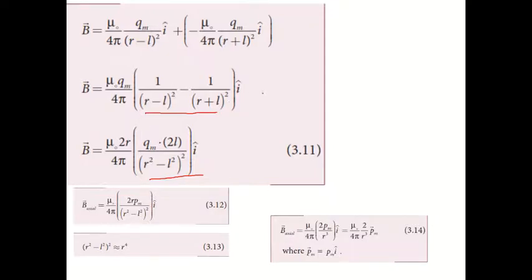Okay, so what I am going to do is take the common denominator: (r plus l) the whole square minus (r minus l) the whole square.